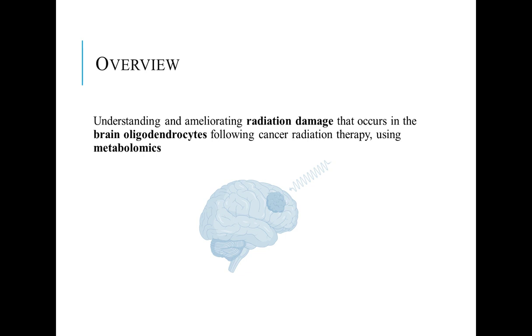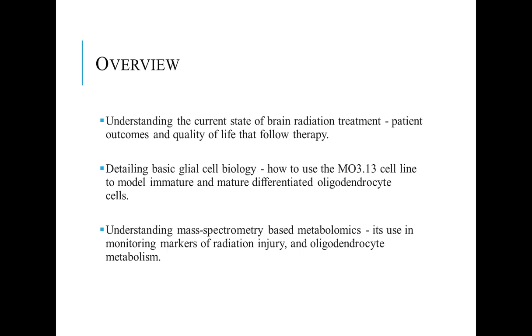Some of the learning objectives for this talk that I hope you will gain is a general understanding of the current state of brain radiation treatment, patient outcomes, and their quality of life that follows therapy. I think it is important to always bring it back and think about patients.